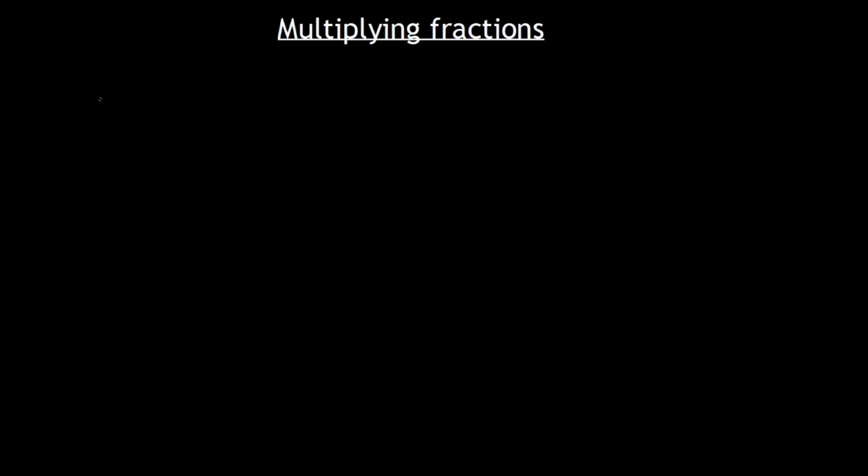So let's start by looking at a simple fraction. Say I'm going to start with a half times a half. Now the way we would say this in English is a half of a half. What's a half of a half?